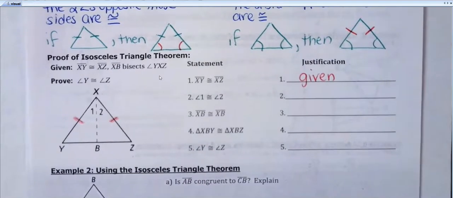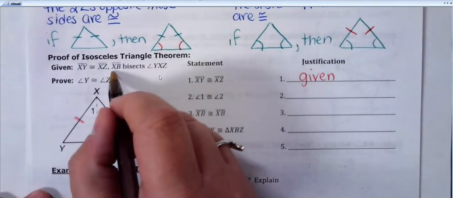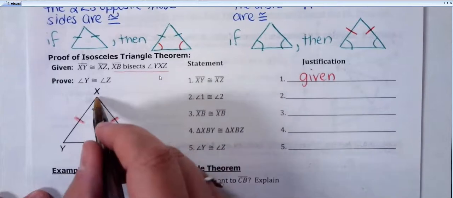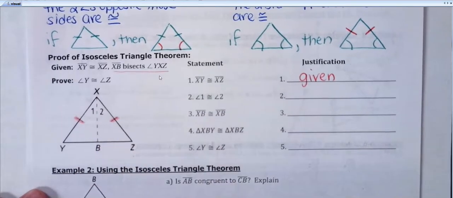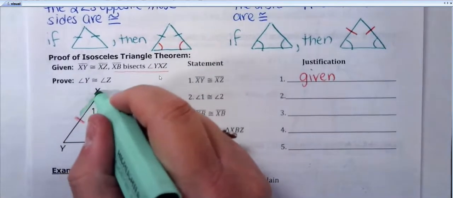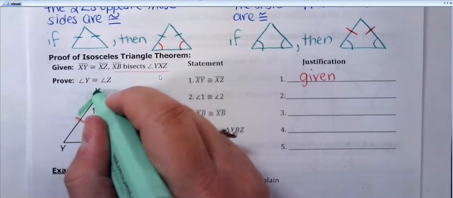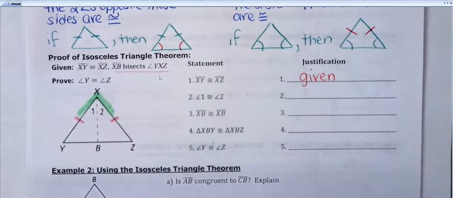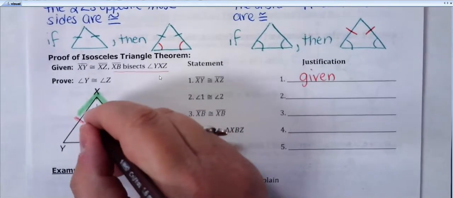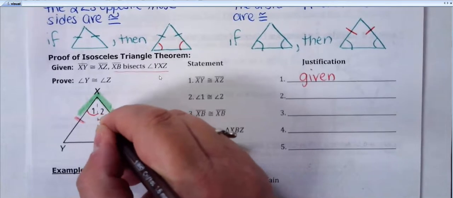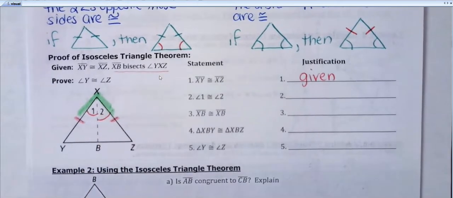Now, it also says up in the given information that XB, which is this little dotted line, bisects this entire angle YXZ. So this whole angle up here at the top, that little dotted line bisects that. That allows me to say the next step in my proof, which is that angle 1 and angle 2 have to be congruent.